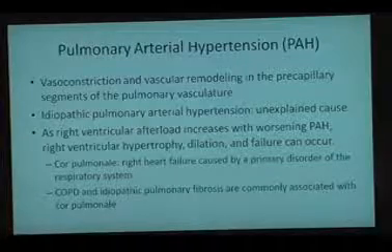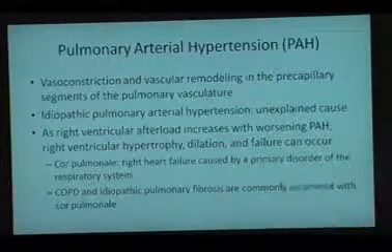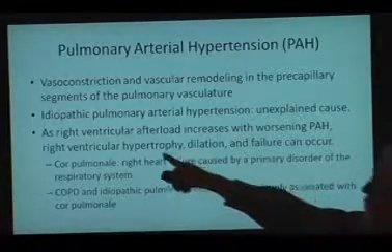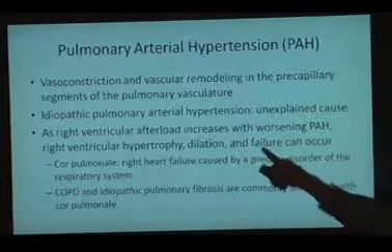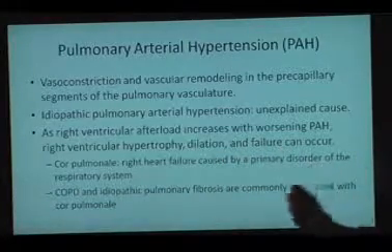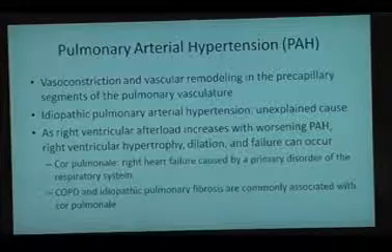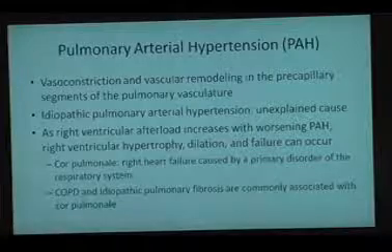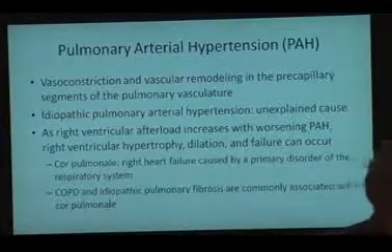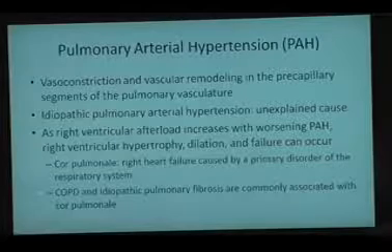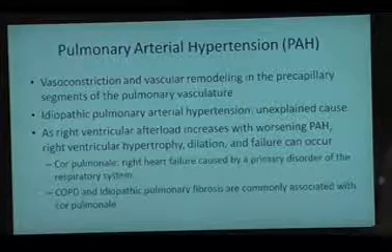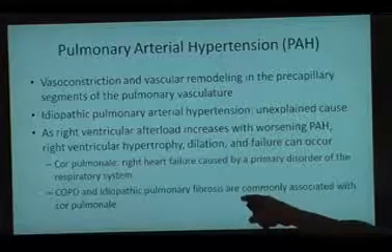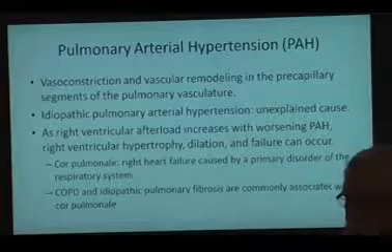Then as the right ventricular afterload increases because of the high pulmonary artery pressure, there's right ventricular hypertrophy, dilation, and right ventricular failure, which then can lead to left ventricular failure. And if the right heart failure is caused primarily by a disorder of the respiratory system, that's called cor pulmonale. So the high pulmonary artery pressures that occur in patients with COPD, for example, is called cor pulmonale. And COPD and idiopathic pulmonary fibrosis are the most commonly associated with that.